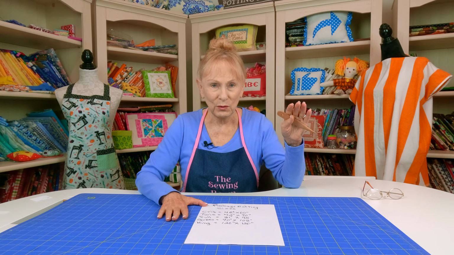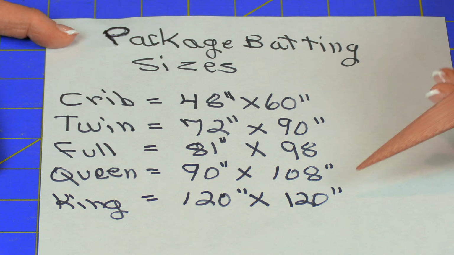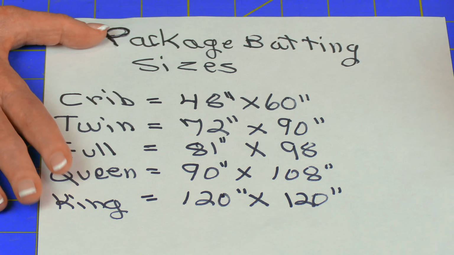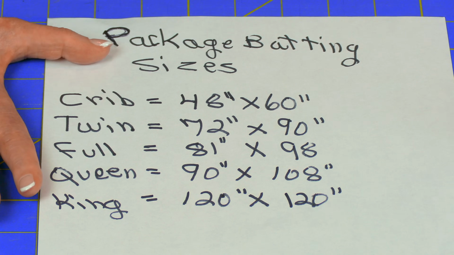So for me, I wouldn't have had enough because I have an extra thick mattress. It's deluxe because I have a very bad back, so I like those thick, cushy mattresses. So this little package here might have covered it, but maybe not.